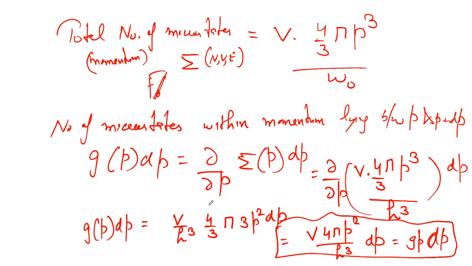The similar relation which we have derived for the classical ideal gas, the same we can derive for the linear harmonic oscillator problem. So the second example is the harmonic oscillator problem.